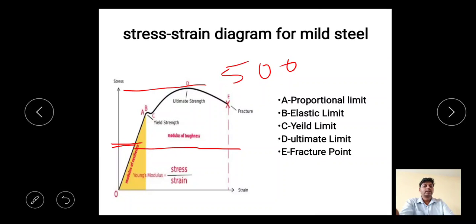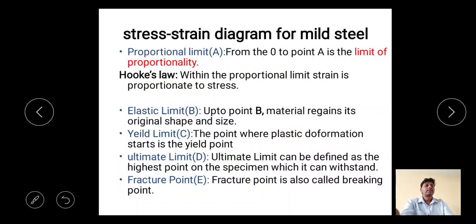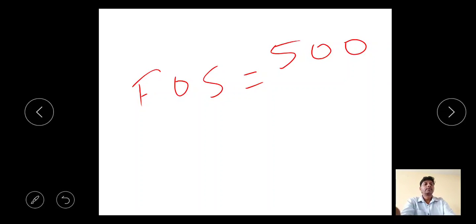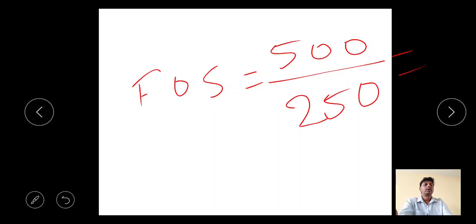Suppose I take this working stress as 250. Now what is the factor of safety? Factor of safety FOS is equal to maximum stress, which is 500, divided by the working stress I have taken, 250. So you will get a factor of safety of 2.